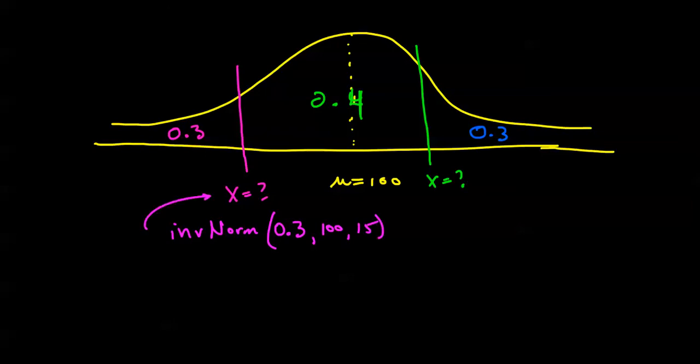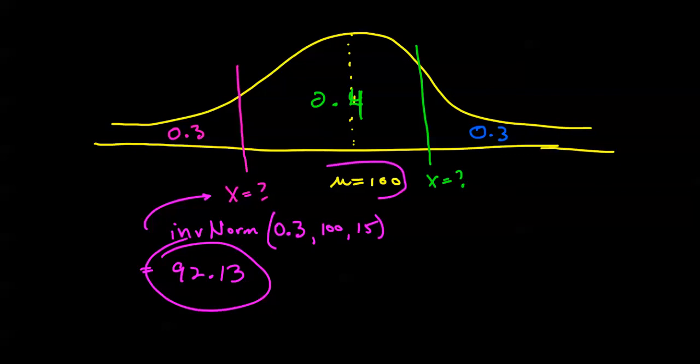Okay, this is the X value I seek, and if I punch this out on my calculator, I get 92.13. That looks reasonable. The mean is 100, so certainly this pink X is going to be significantly less than the mean, 92.13, and that looks good.